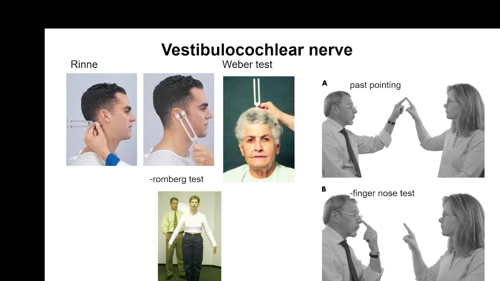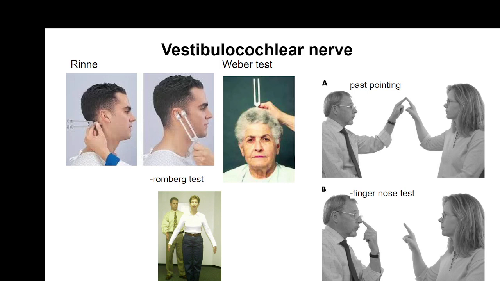Once the visual input is stopped, if the patient has abnormal vestibular function, he is not able to maintain the position against gravity. The vestibular apparatus helps in maintaining the position against gravity by giving input even when there is no visual input. So if you block the visual input and the patient is not able to maintain the position, that's a sign of abnormality of the apparatus.